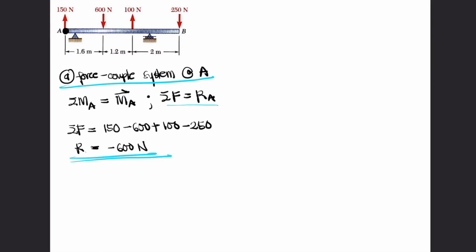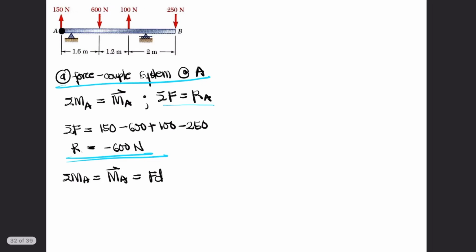It is two-dimensional, so summation of moment at A, vector MA, is obtained as force times perpendicular distance, which is the magnitude of the moment. Again, we use the right hand rule to determine whether the moment of each force is negative or positive.